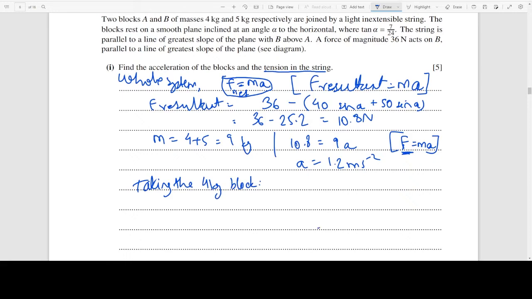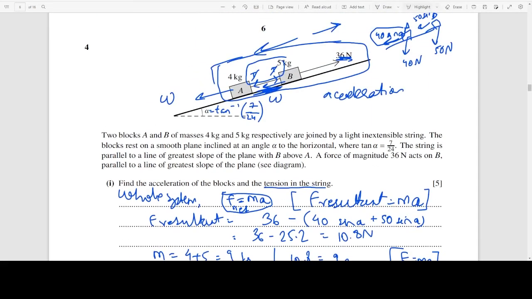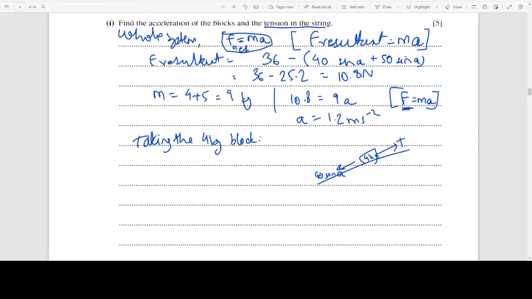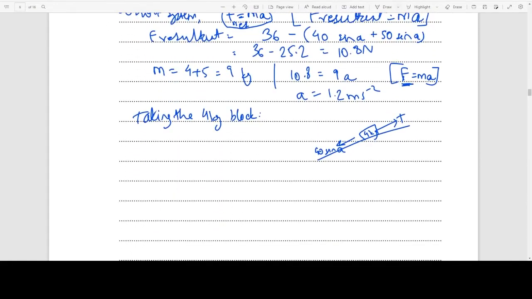Remember from the diagram that I just drew, on the 4 kg block we have 40 sine alpha, the downward component, and then we have the tension force pulling upward on A. I hope you all can understand. I guess these are pretty much the only forces, because we don't have to consider friction over here.